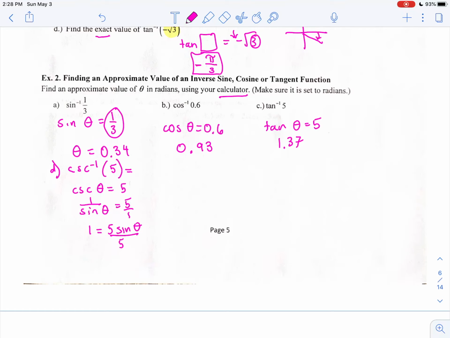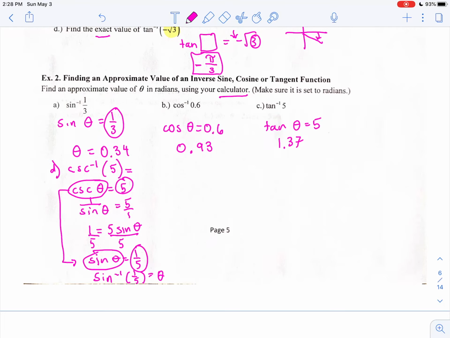If I isolate sine, dividing both sides by 5, I get sine of theta equals 1/5. If you look at the beginning and at the ending, it looks like we took the reciprocal of cosecant to get sine, and then we took the reciprocal of 5 to get 1/5. So on the calculator, I would enter in inverse sine of 1/5 to figure out what the angle measure is.